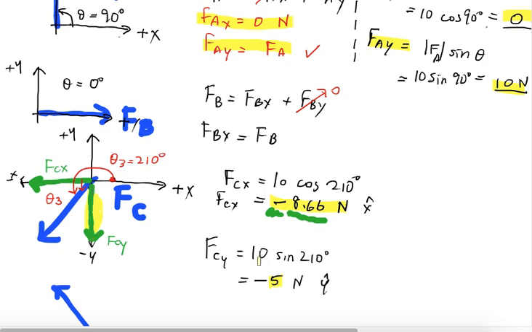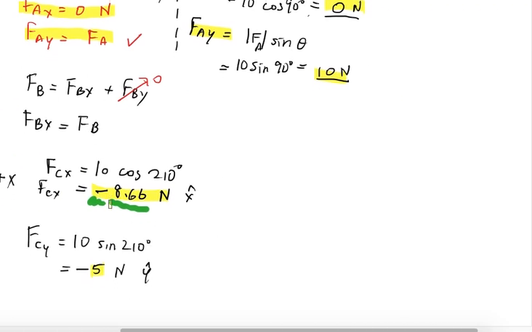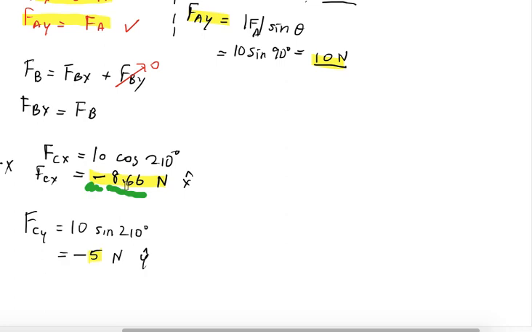So when you draw, let's say you don't have this drawing beforehand, based on this information, you can draw exactly what the vector is. Okay, what do I mean by that? For example, this FCX is negative 8.66. So where is negative 8.66? It is in negative. Negative is this way, isn't it? So this is FCX. And also FCY is negative 5. So negative 5 meaning a bit shorter than FCX.